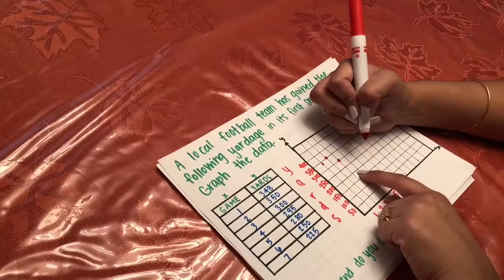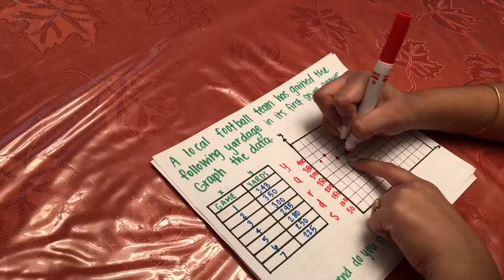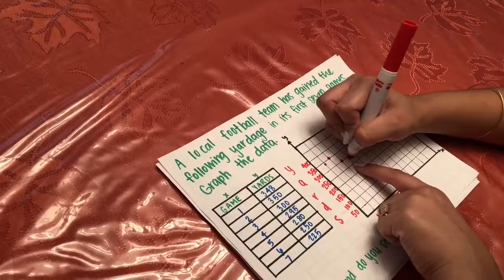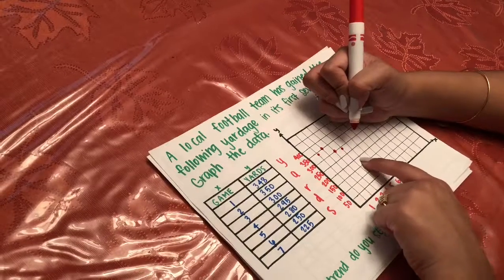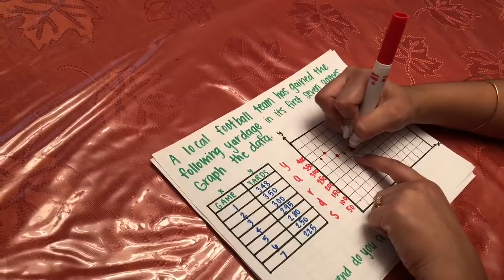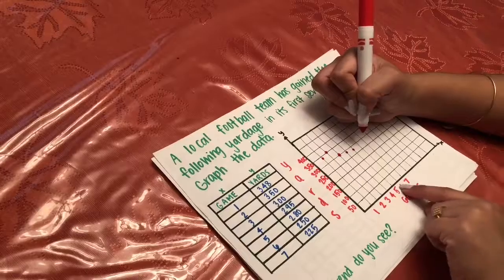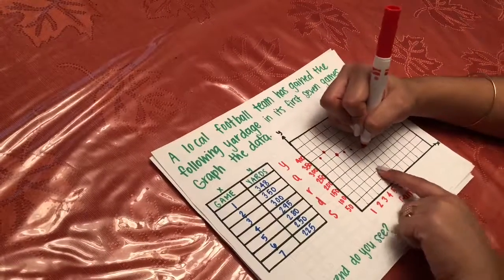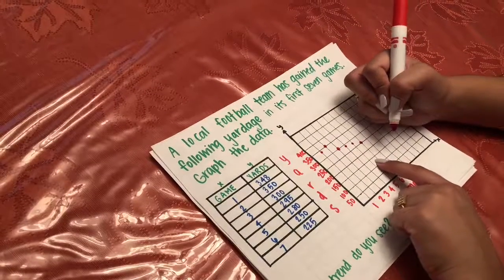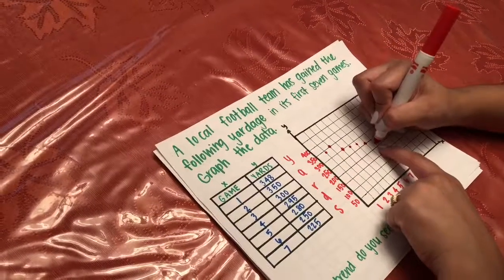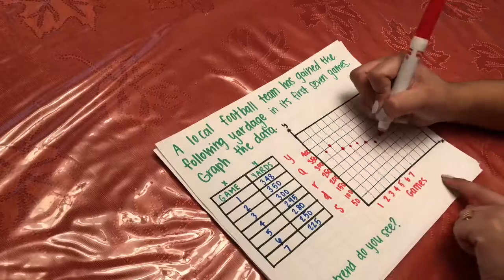Game 5 is about 280, so let's say around there. Game 6 is at 250. And then game 7 is at 225, so around somewhere right there.